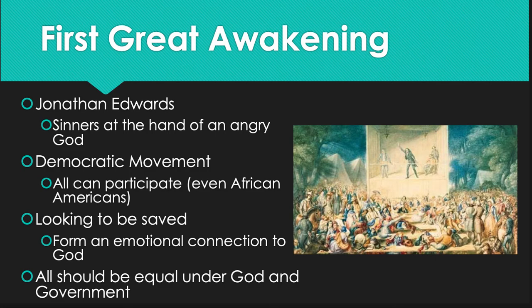Being equal under their government is huge and will come up as we get closer to the Revolutionary War, because at this moment, we are going to see the colonists start to open their eyes that they, in fact, are not being treated equally under their government by the king.